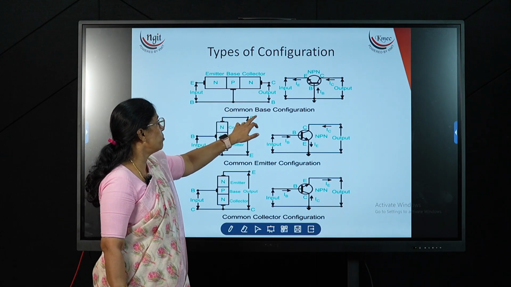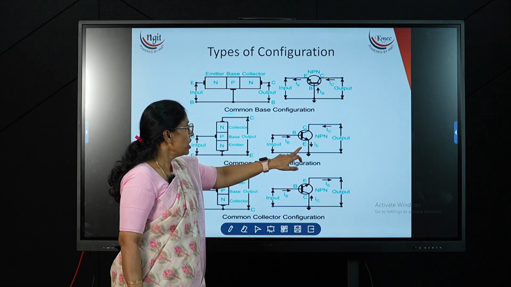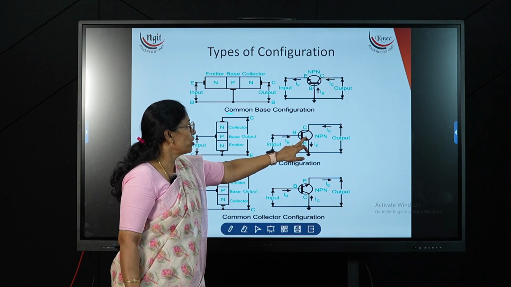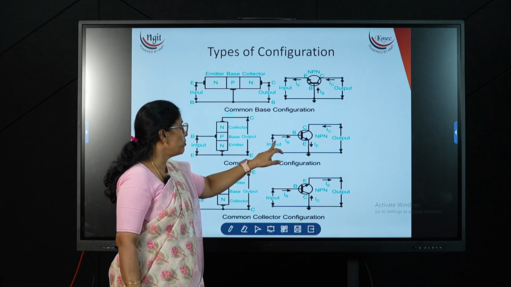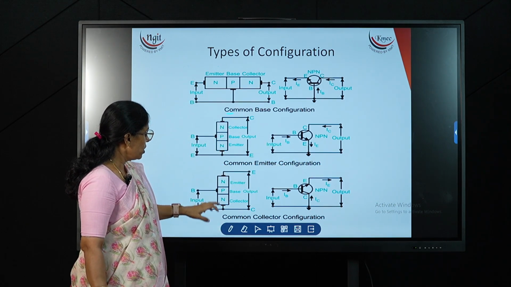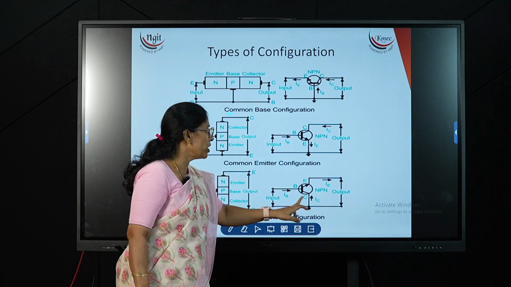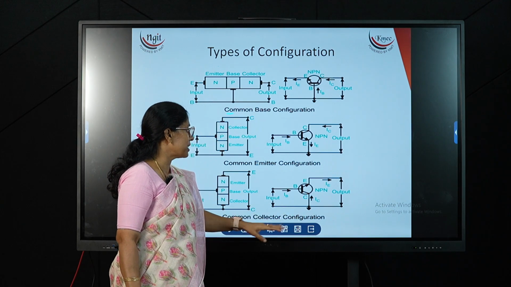Here the base is common to both input and output, that's why it is a common base configuration. In this case the emitter is common to the input and output, that's why it is a common emitter configuration. In the common collector, the collector terminal is common to both input and output.